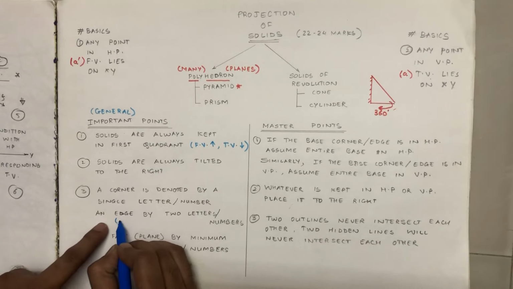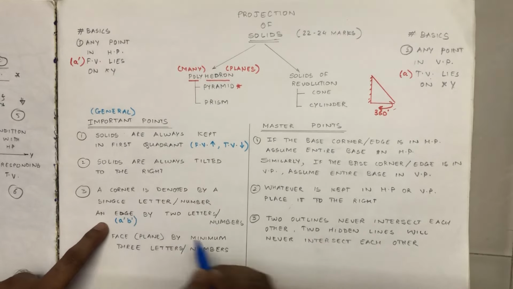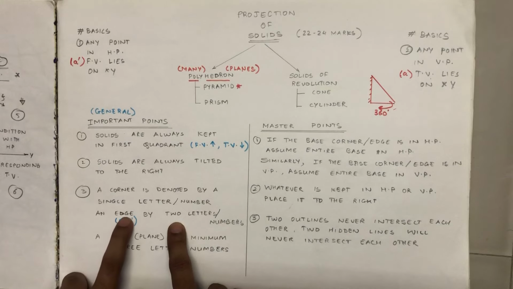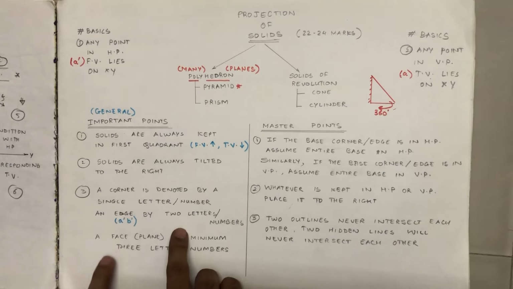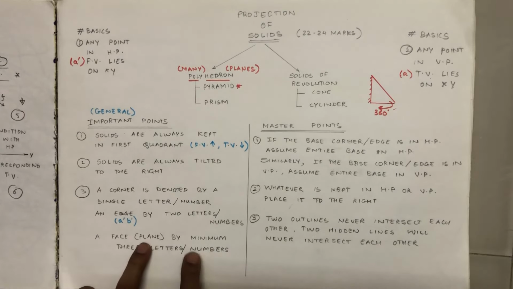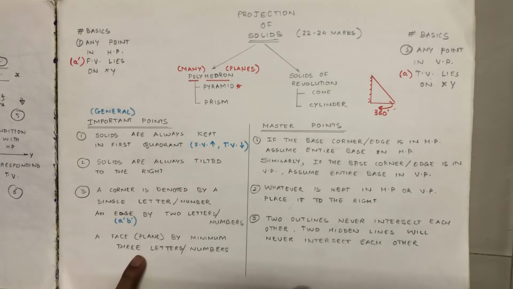Say we have a notation somewhere in our problem, a dash, b dash. Now there are two letters, so this would mean that it's an edge. Please remember. Similarly, a face is nothing but a plane, denoted by a minimum of three letters or numbers. Can you tell me a plane which is made up of three letters? Yes, it's a triangle.